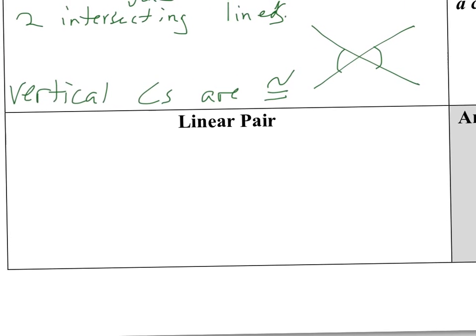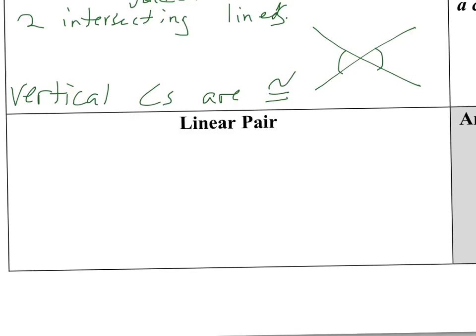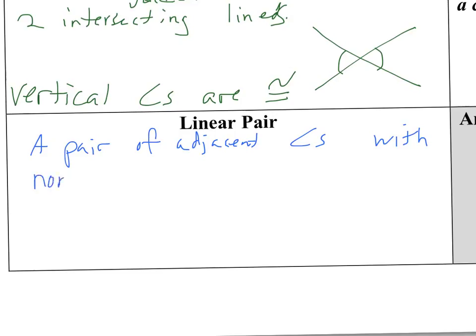A linear pair. This is a pair of adjacent angles with non-common sides that are opposite rays.